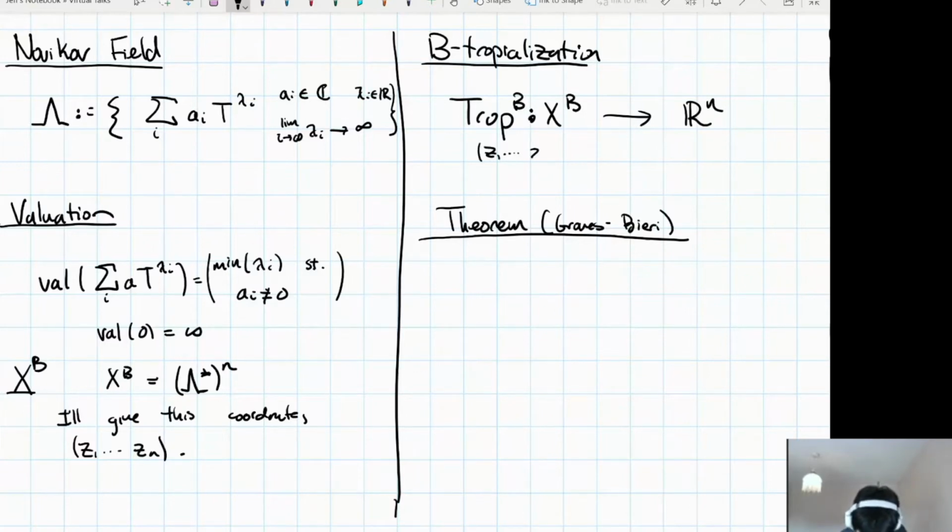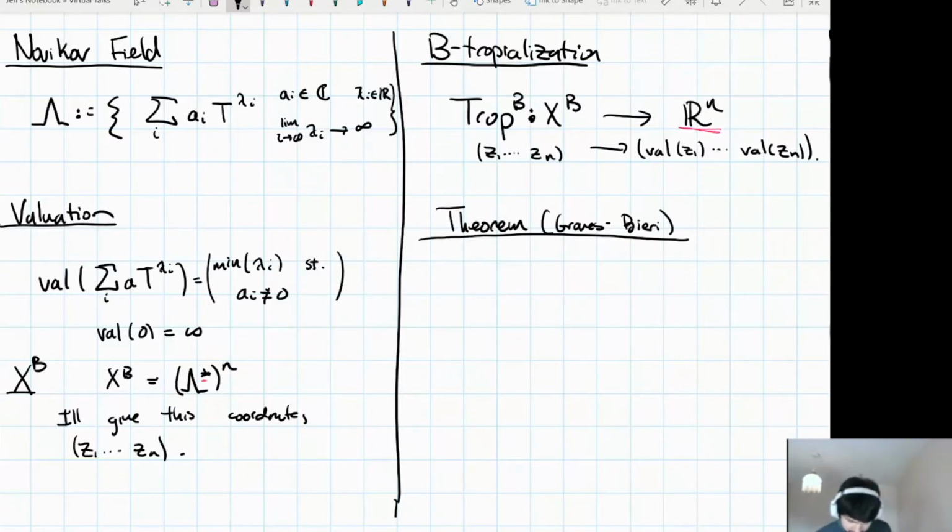All it does is it takes the coordinates z1 through zn and sends them to the valuation of z1 through the valuation of zn. Because here I'm working on the algebraic torus, all of these valuations are going to wind up in Rn instead of winding up in the extended line, R union infinity.